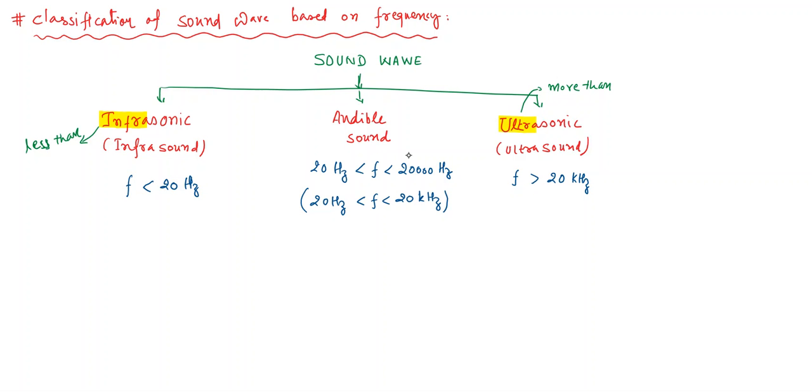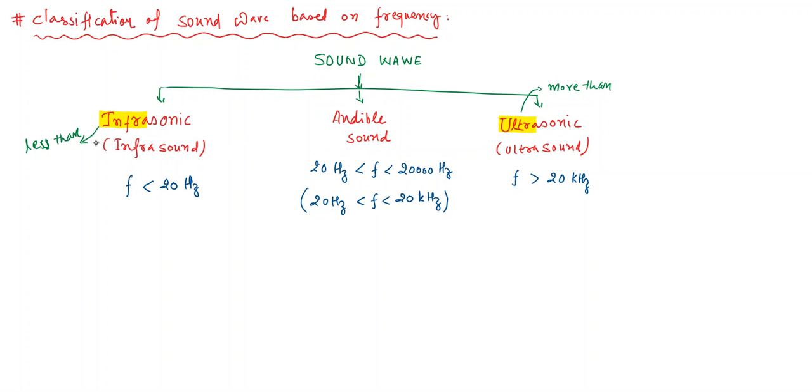The maximum frequency which is audible to the human ear is 20 kilohertz. So any sound having a value more than that, we use the word ultra. So ultra means more than audible sound, infra means less than the audible sound.